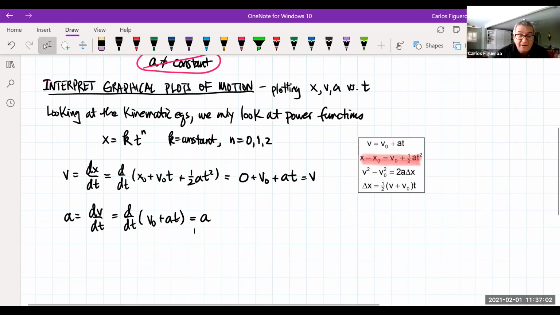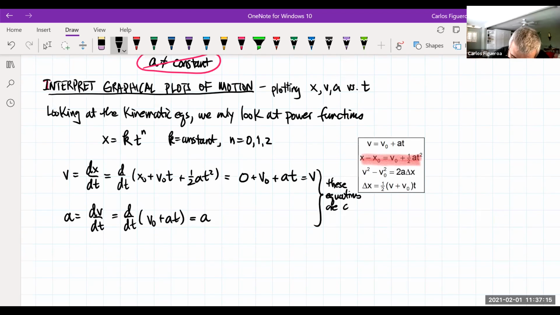So it's not like we're doing great algebra. All I'm showing you here is that these equations are consistent with our definitions.